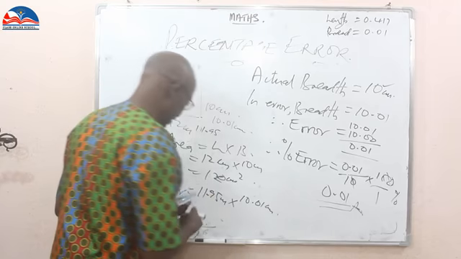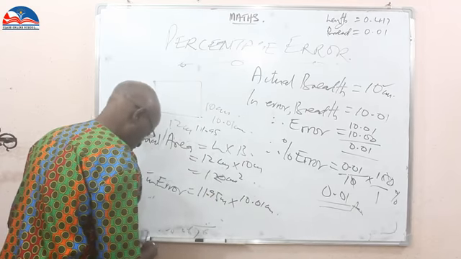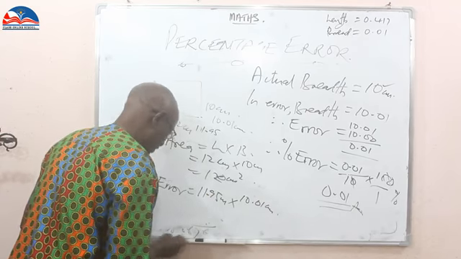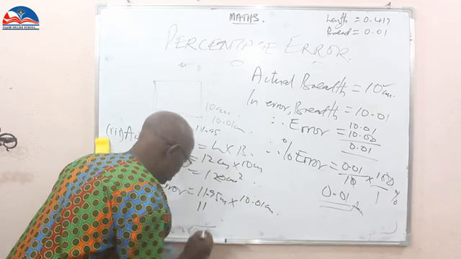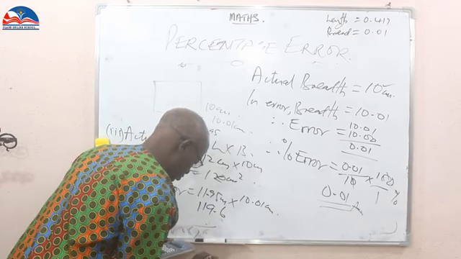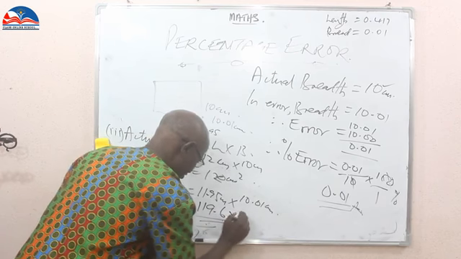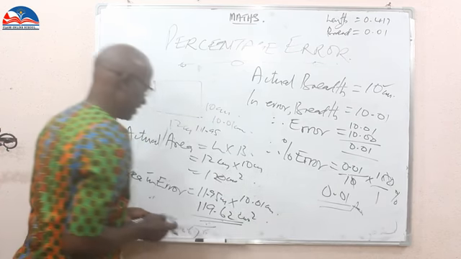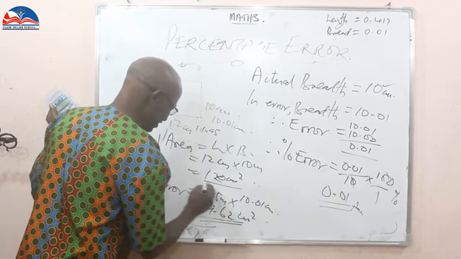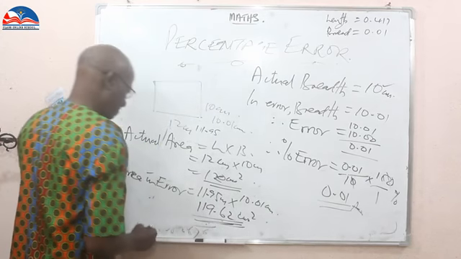The calculator says 119.62 cm square. We now see the actual area is this, and the one we got in error is this.